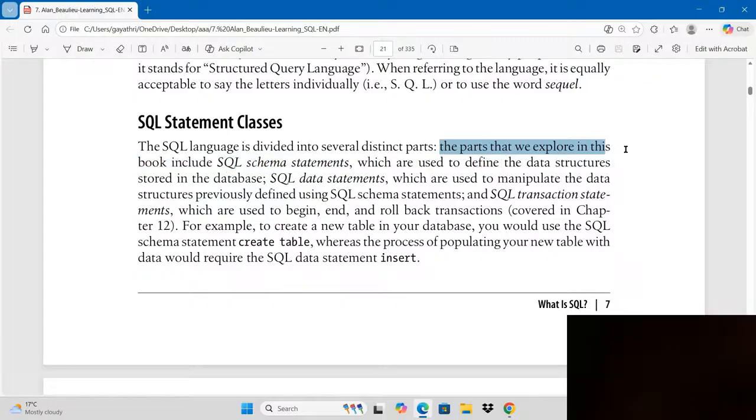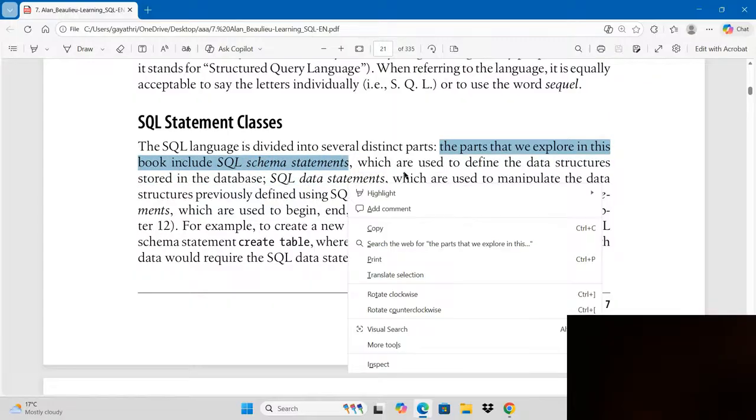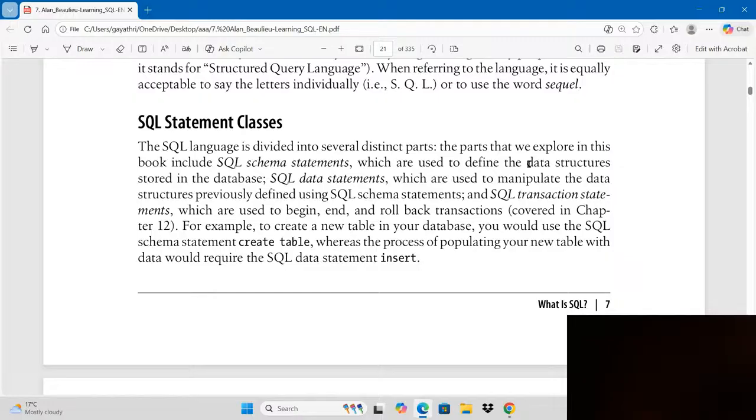The parts that we explore in this book include SQL schema statements, which are used to define the data structure stored in the database, and SQL data statements, which are used to manipulate the data structure previously defined using SQL schema statements.